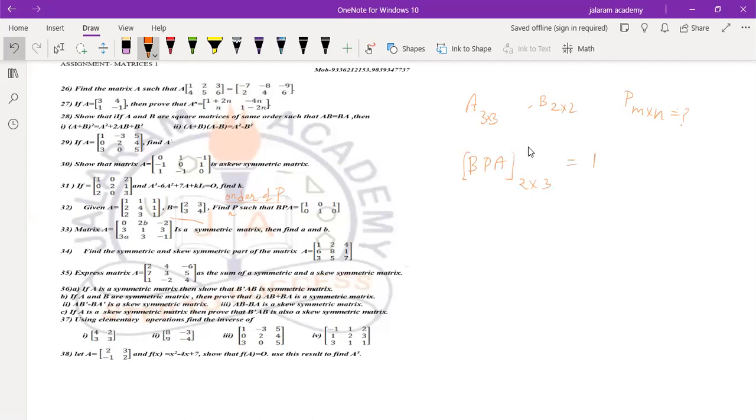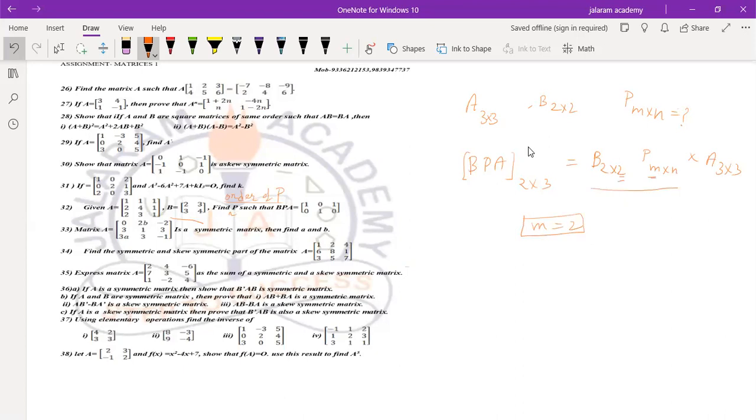So B is 2 cross 2, multiplied by P, M cross N, and multiplied by A, 3 cross 3. Clearly, M equals 2, as B is the first matrix and P is the second matrix.